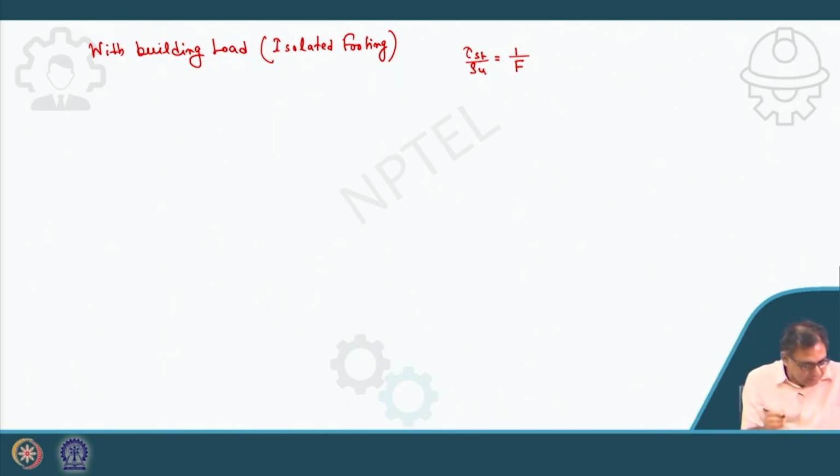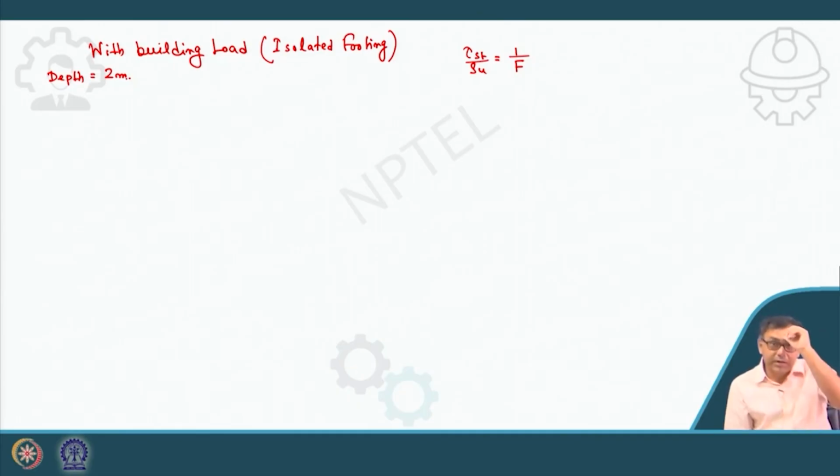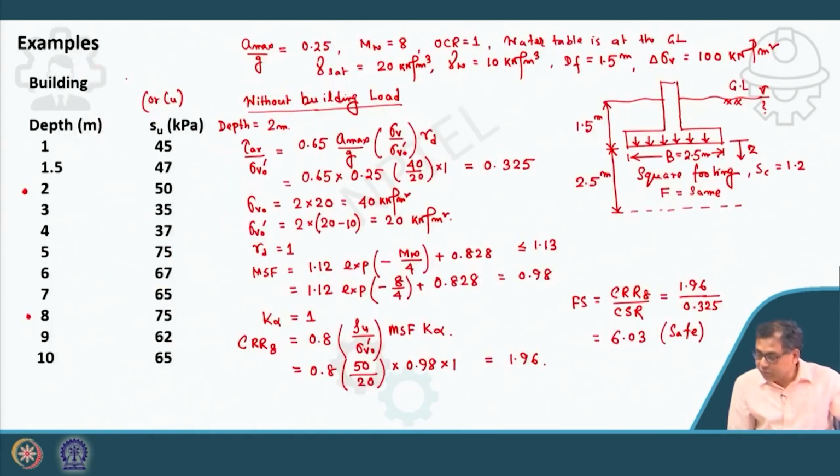So I am doing it for depth 2 meter. At 2 meter, what would be the del V, because it is a 1:2 distribution of the stress.